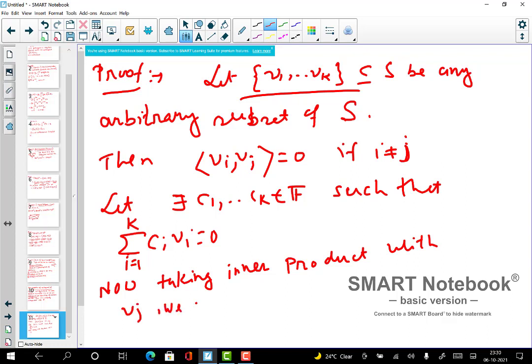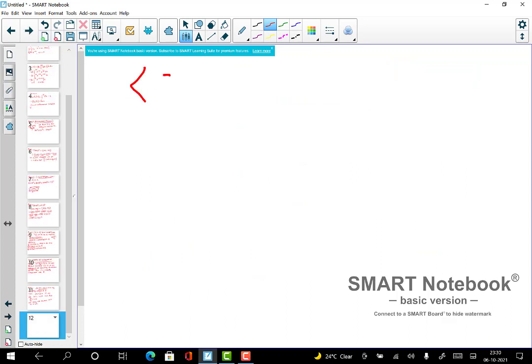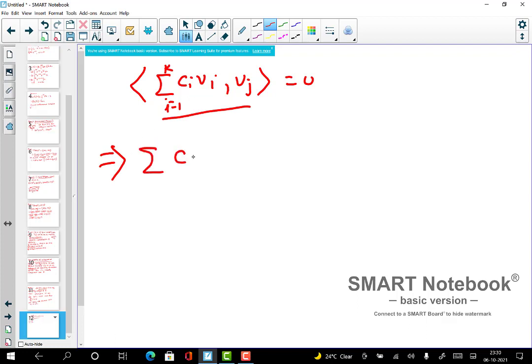We get the inner product of the summation ci vi, i equal to 1 to k, with vj, and this is 0, right? Because the sum was 0, and if you take the inner product with 0, you will always get 0. But this property you have to learn. Linearity in the first argument tells you that this is nothing but the summation of ci times the inner product of vi and vj, i equal to 1 to k, which is equal to 0, right?